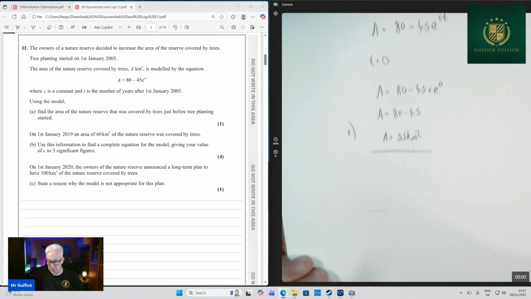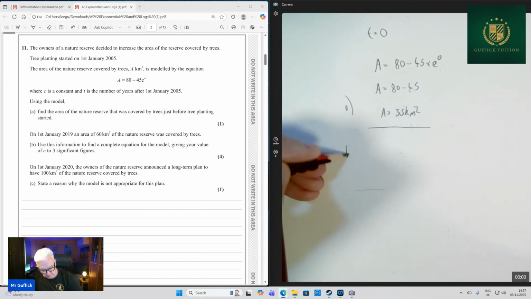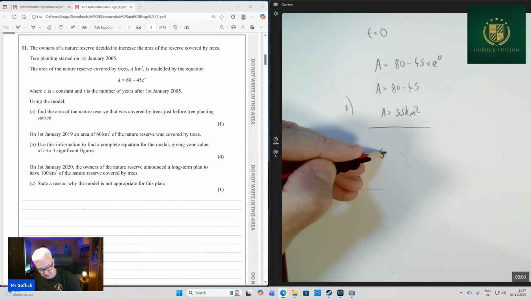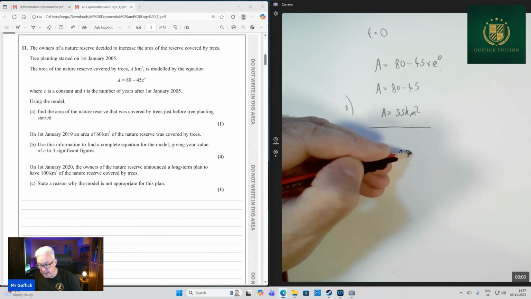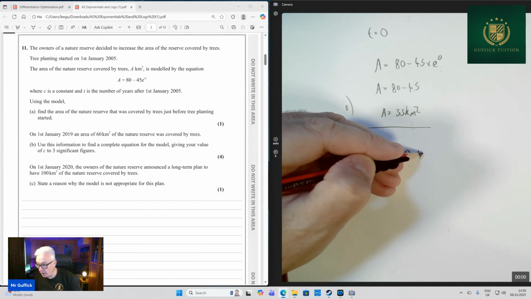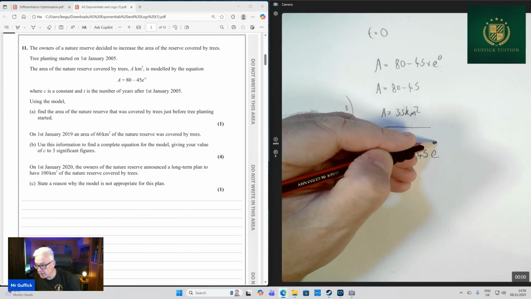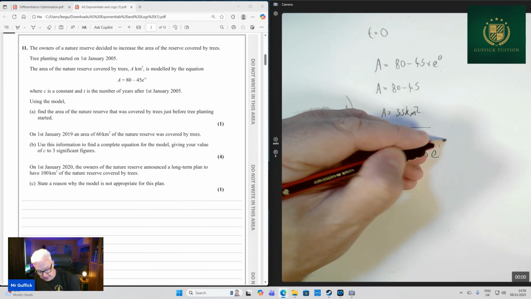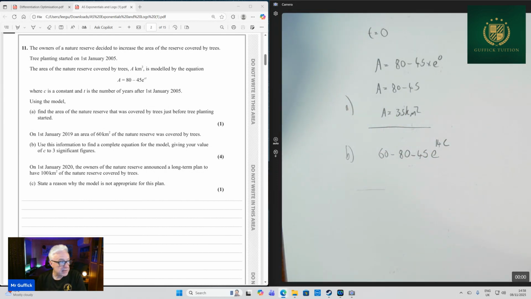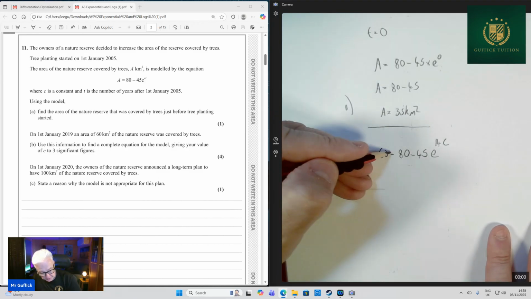So in order to do this, we just need to sub in the information that we've got. So we have got that 60 is equal to 80 minus 45 e to the 14c. Because by 2019, we've got up to a time frame of 14 compared to when we started in 2005. So we can just solve this now.